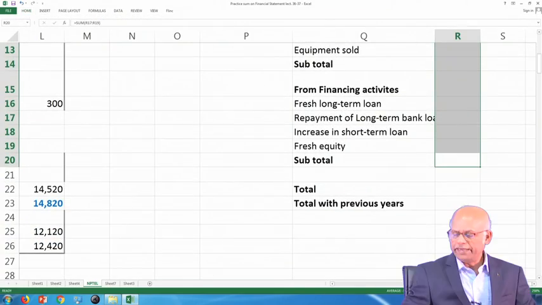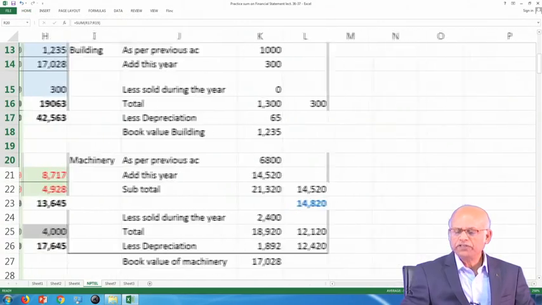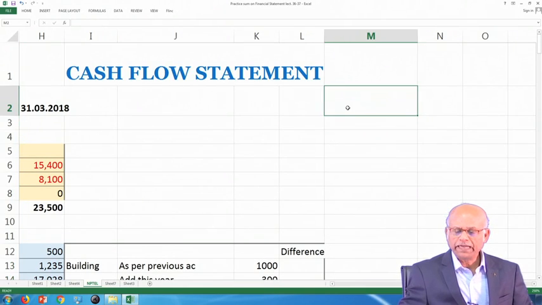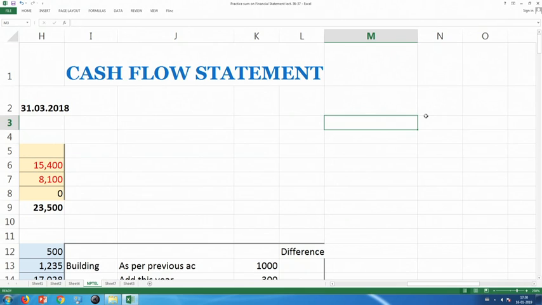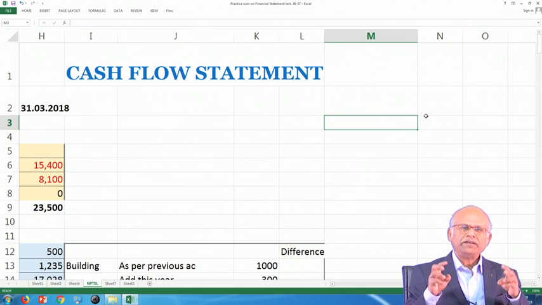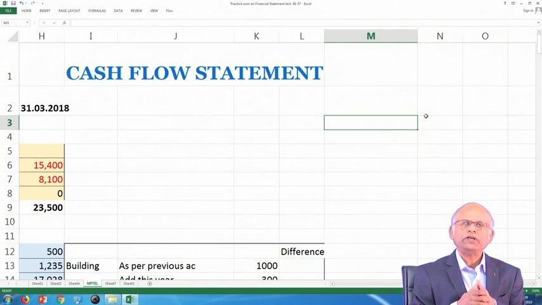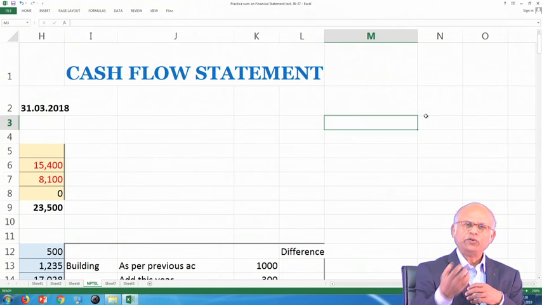Okay, so the first item in cash flow, let us type it so that you remember it well. We start from here. The cash flow statement, I mentioned that there are three sources of cash flow, or cash flow is classified or categorized into three distinct groups based on their origin.